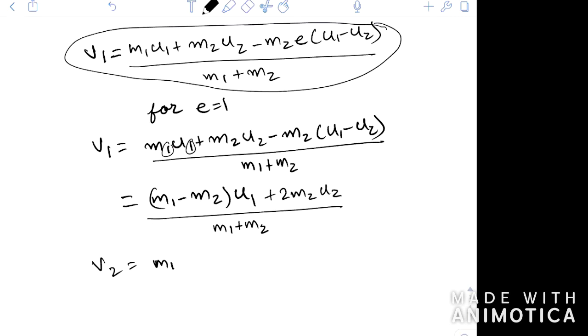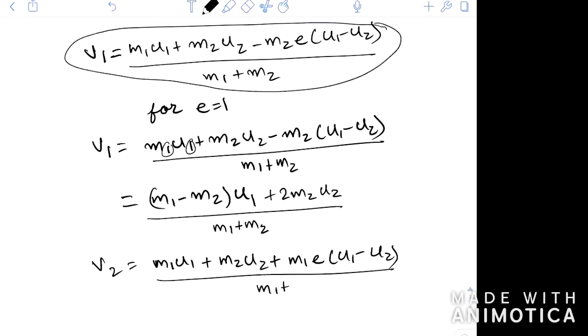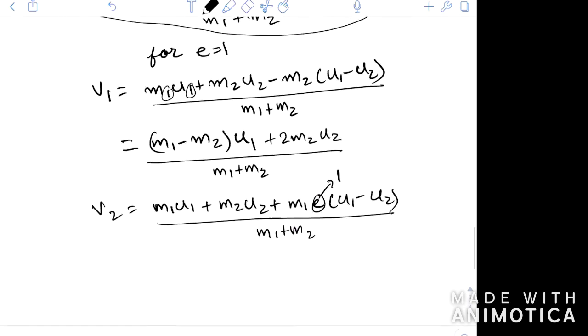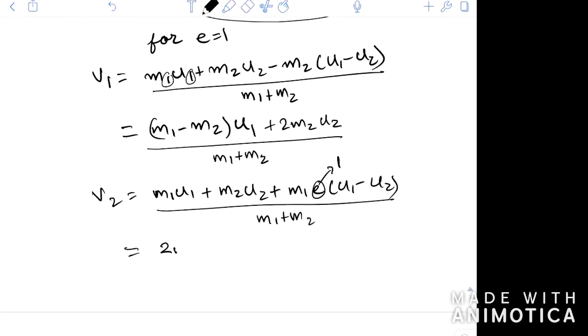So you would get v2 as m1 u1 plus m2 u2 plus m1 into e into u1 minus u2 by m1 plus m2. Again in this case e is equal to 1, so you would get twice m1 u1 plus m2 minus m1 into u2.